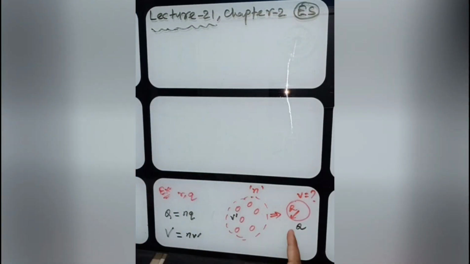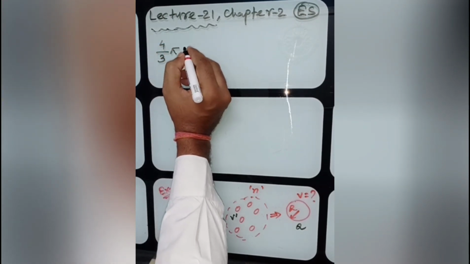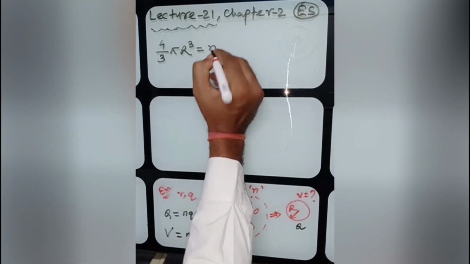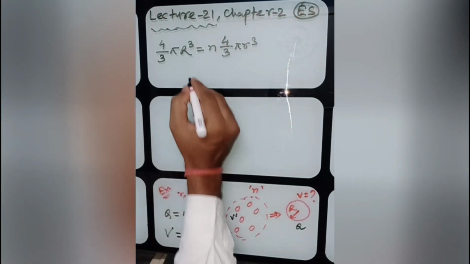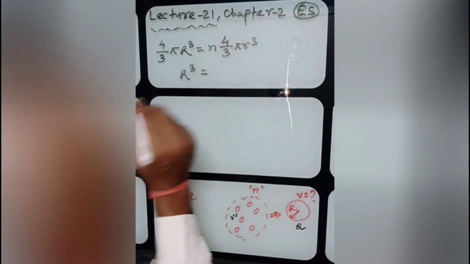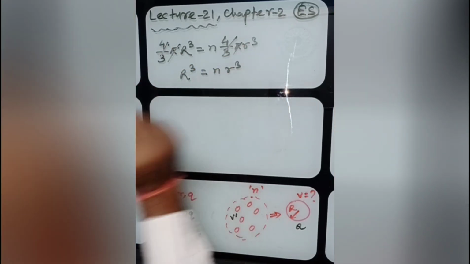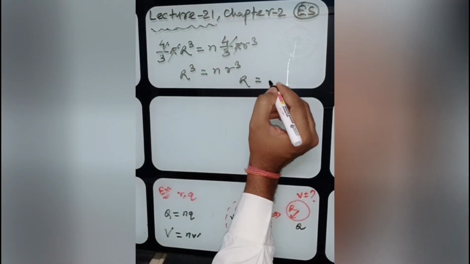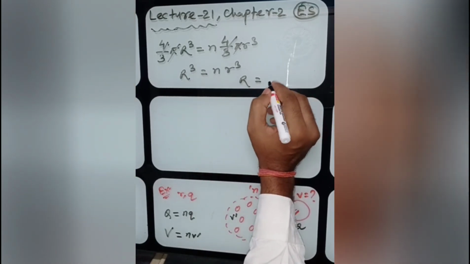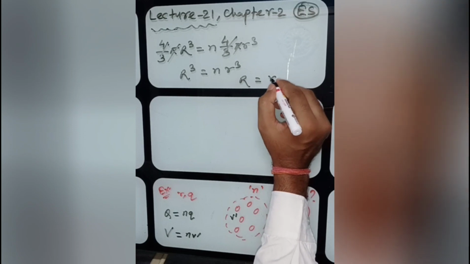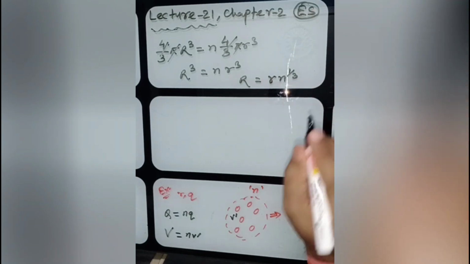Suppose the volume of the bigger drop, we are writing 4 by 3 pi R cubed, equals n times 4 by 3 pi r cubed. So this 4 by 3 pi will cancel out, R cubed equals n times r cubed, or this R can be written as, if you just remove the cube, R equals r times n to the power 1 by 3. This is R, my dear students.